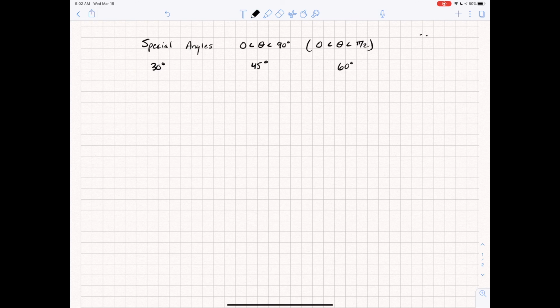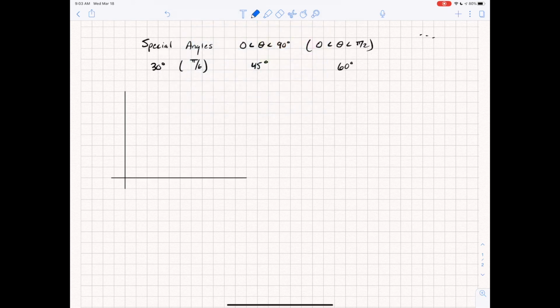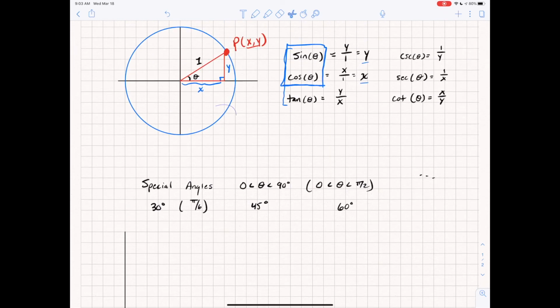Okay, so what I'm going to do is 30 degrees, remember, is pi over 6. I'm going to draw the first quadrant and put in my circle.